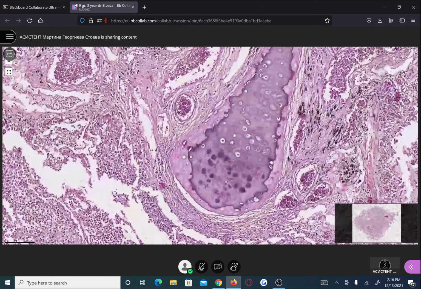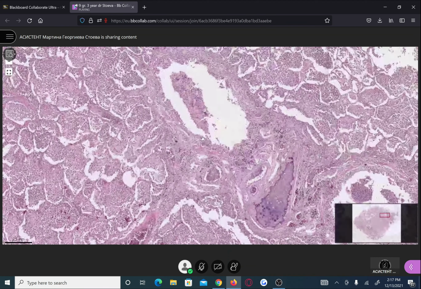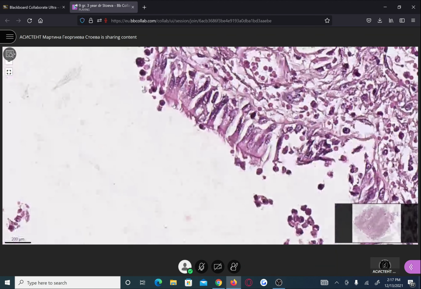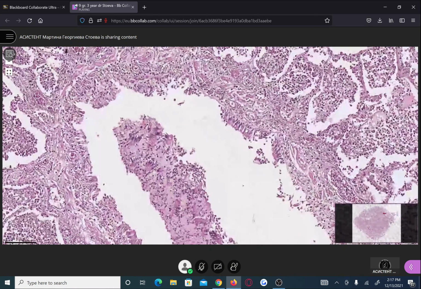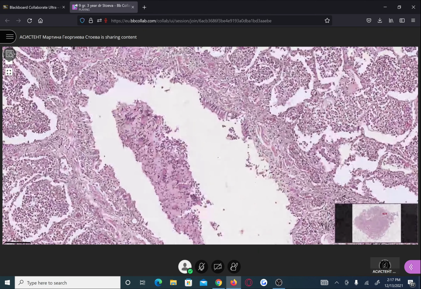and it is next to a lumen lined by pseudostratified columnar ciliated epithelium. Here the cilia are quite well visible. Yeah, partly the epithelium is missing, but still we can find some zones where we can recognize it.